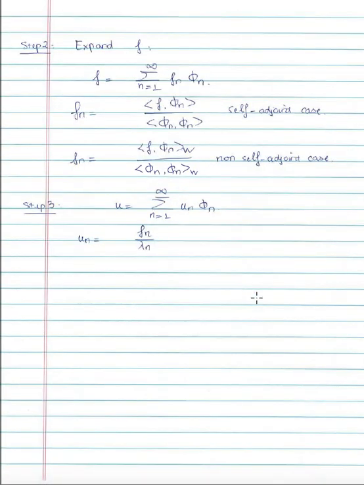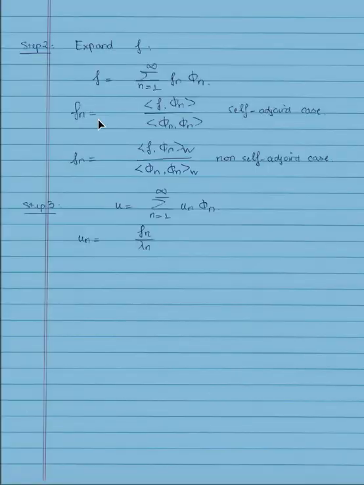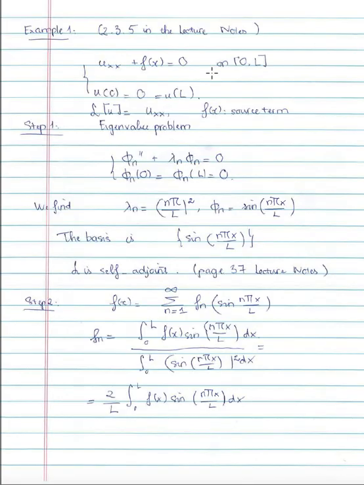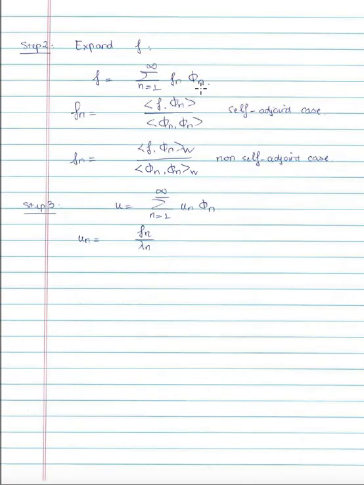After you have the basis, you're gonna expand the function f in terms of the basis phi n. So f will be the sum from n going from 1 to infinity of fn phi n.